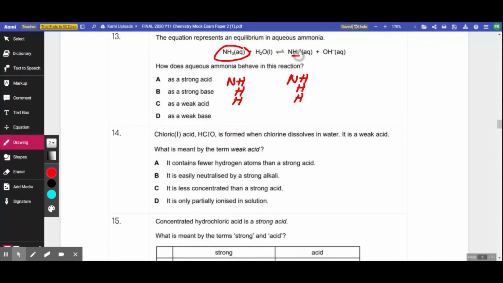The extra H has now caused a charge to form. So you're not actually adding a hydrogen atom to your ammonia, but you're adding a hydrogen ion to the ammonia.